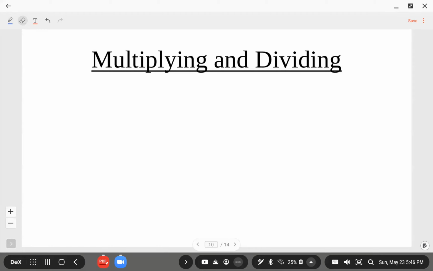So, dividing. Let's move on to dividing, okay? Dividing is basically just multiplying by the reciprocal. Just multiply by the reciprocal and you're done already.